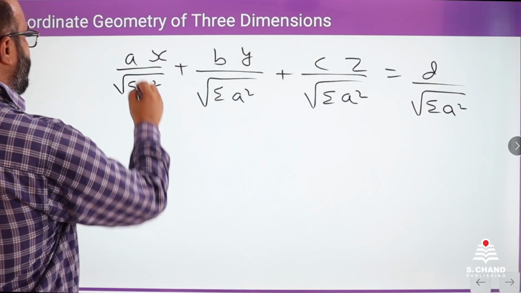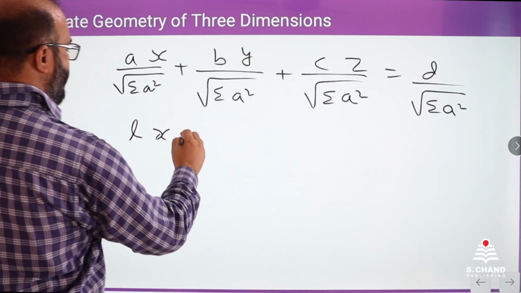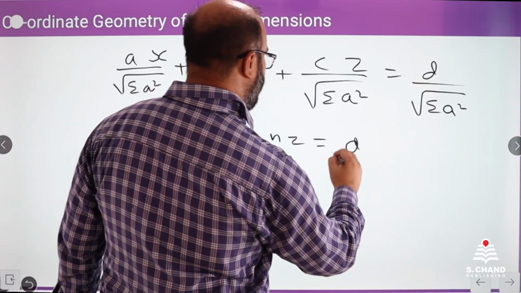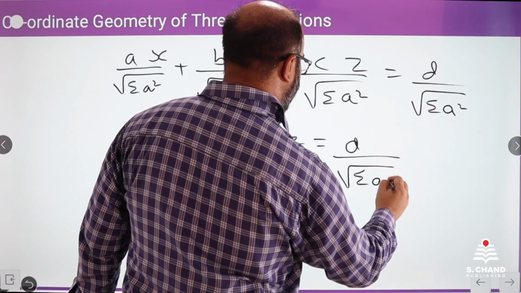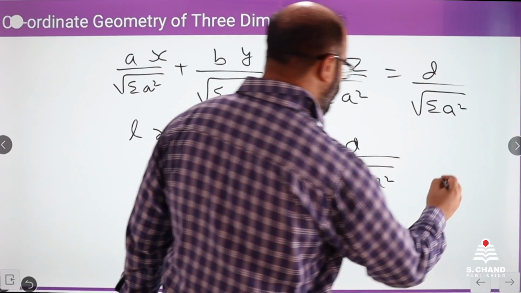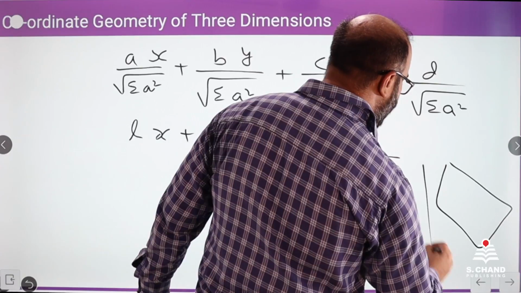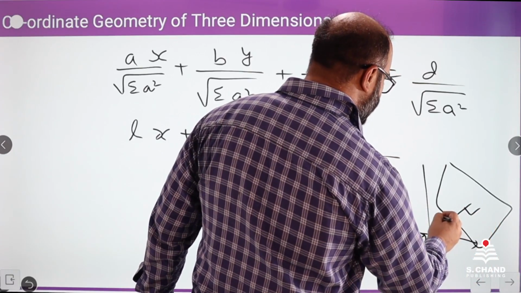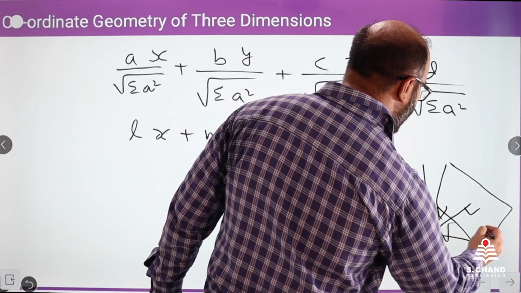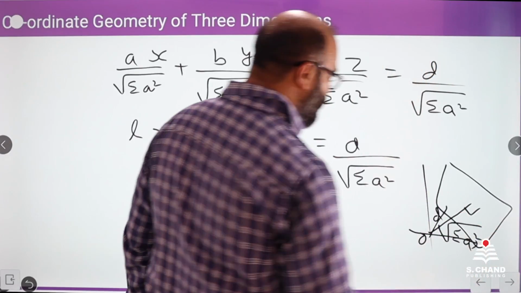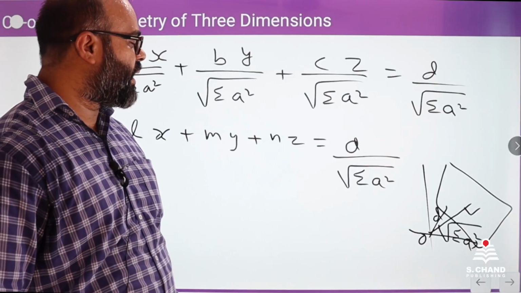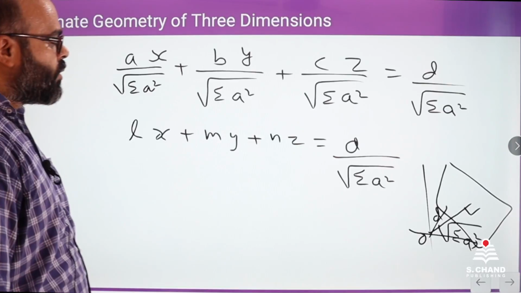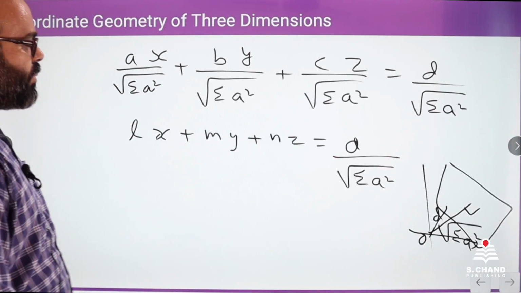Now these three terms are L, M, N. When we take a plane like this and take the perpendicular distance from the origin, this distance is d by root over sigma A square. This is what d means geometrically, that is d by root over A square plus B square plus C square.